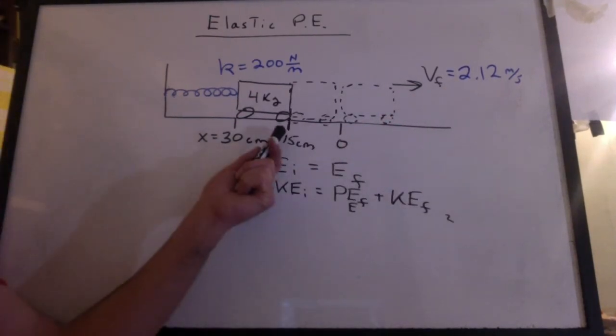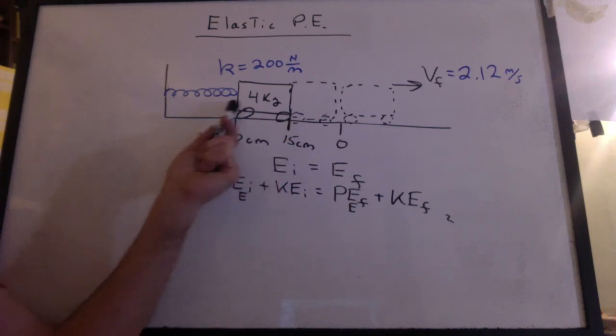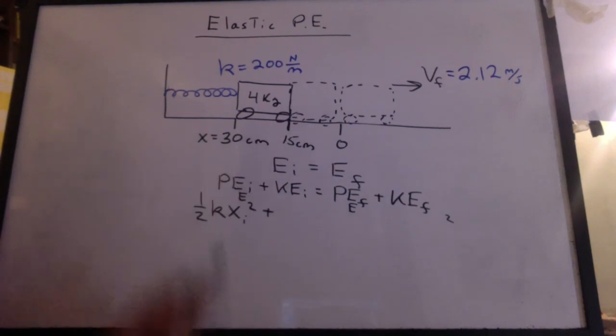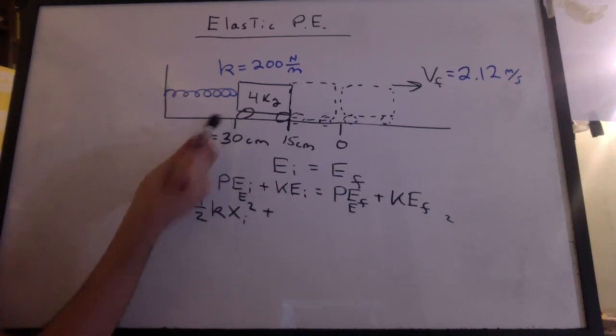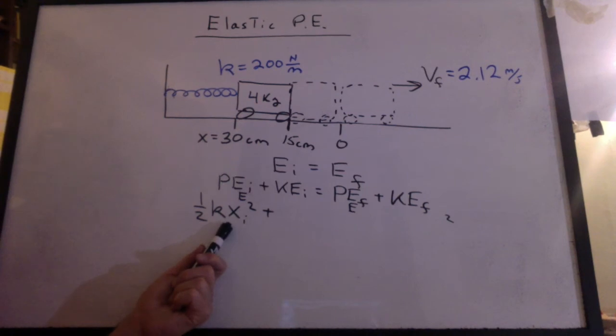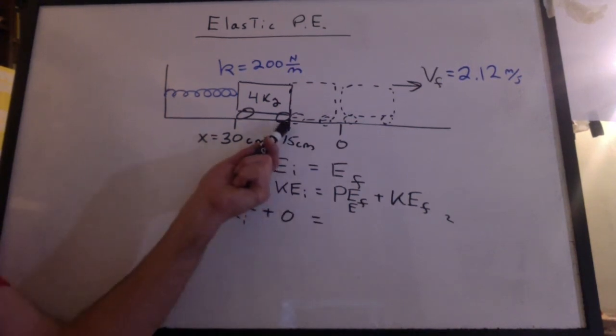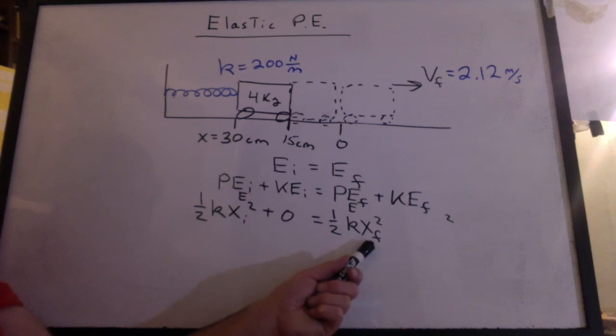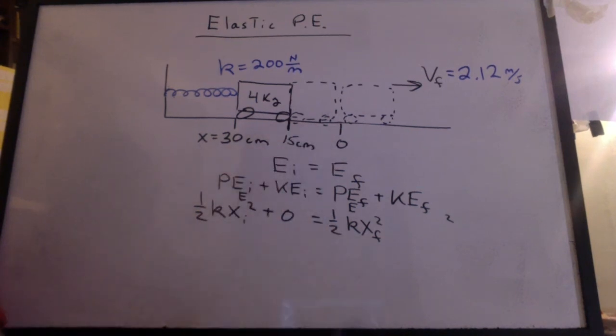Well, what if I wanted to find the velocity when the cart has been pushed back halfway to the equilibrium position? I'll be starting from this position. That will be the initial compression. But now if this is my final position, the spring is still compressed somewhat. So I will have a final elastic potential energy because I'll still be compressed 15 centimeters.